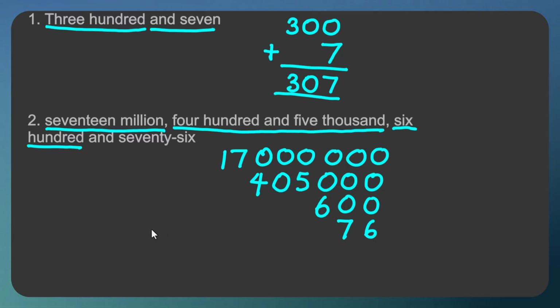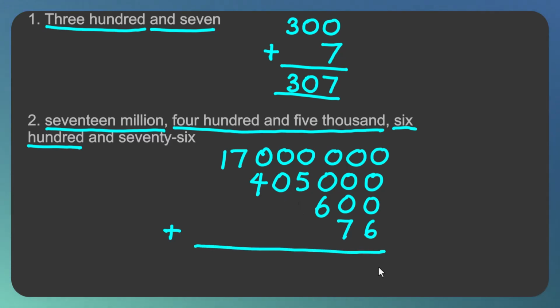Once you're done, you can see that the addition sign is repeating many times, here and here. All this symbolizes that you're adding all of them together. So what does that give us? Working from right to left, we have 0 plus 0 plus 0 plus 6, that gives you 6.